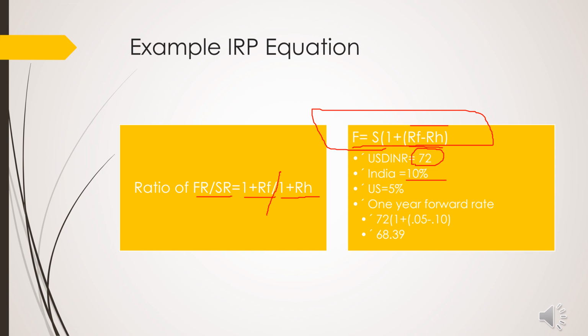If we apply the IRP equation, we get 72, that is the spot rate, multiplied by 1 plus the rate differential. We have to calculate the foreign currency interest rate minus the home country's interest rate, that is 10%. So we have 0.05 minus 0.10, and when we solve this, we get 68.39 as the forward rate.